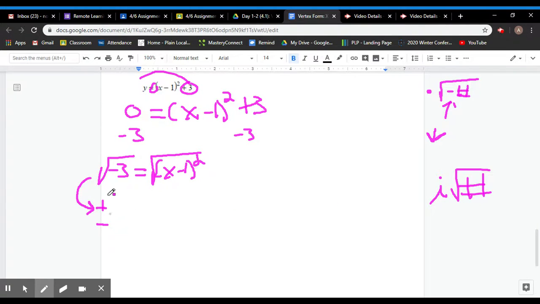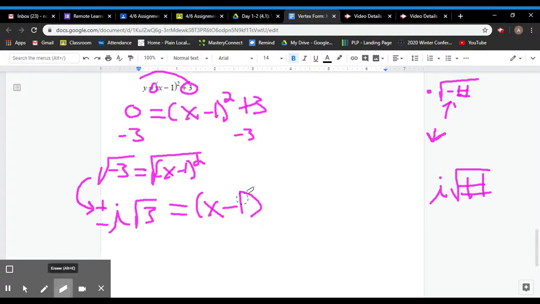So in this instance, in order to get rid of this negative sign, you're going to have an i in front, and then now it's just going to be a positive 3. So plus or minus i radical 3 equals x minus 1. You don't need the parentheses here, but I just put them in anyways.